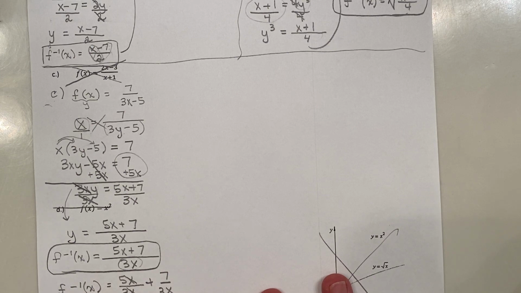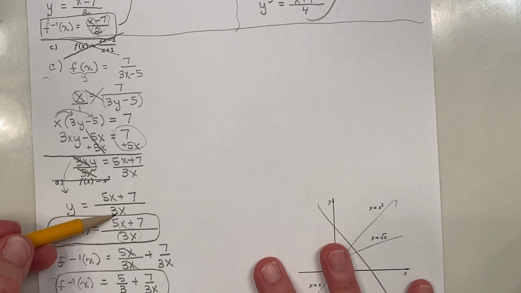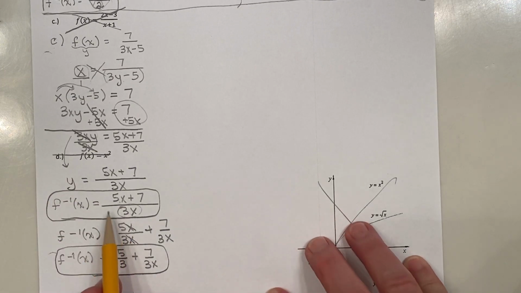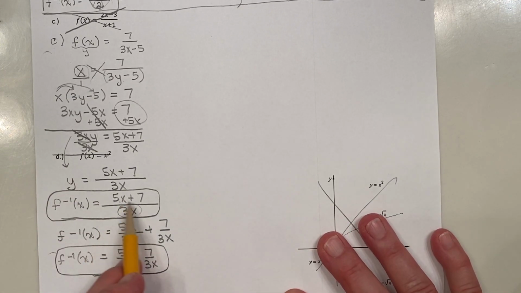So I would have 5/3 here plus 7 over 3x. Likely this is going to be the accepted answer right here, but do know mathematically that we could separate here, break this apart, putting both the terms of 5x and 7 over 3x, and then once we do that, we could, within this fraction, simplify it further.